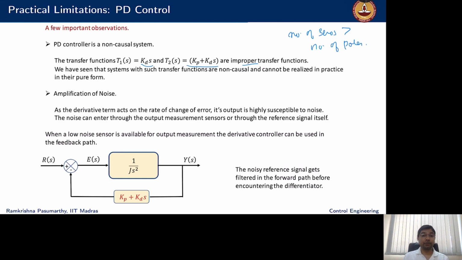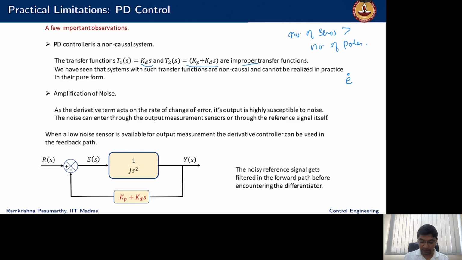Such systems are non-causal, and I say non-causal also because I'm looking at the rate of the error, and in some sense I'm having an anticipatory behavior, which is good, but I cannot realize these controllers in pure form. I cannot build a controller of this form with the help of some general components.